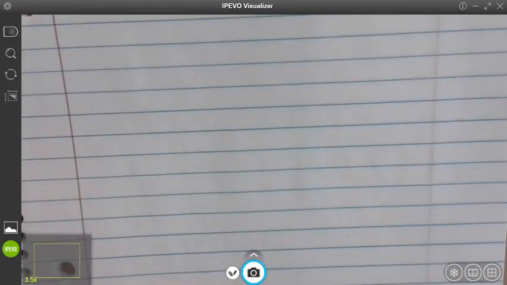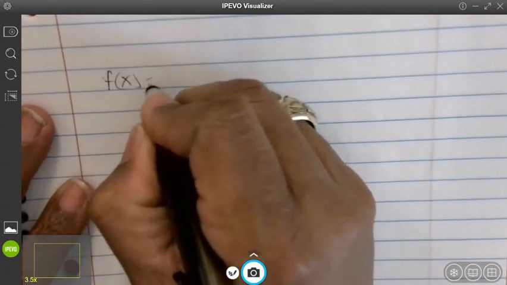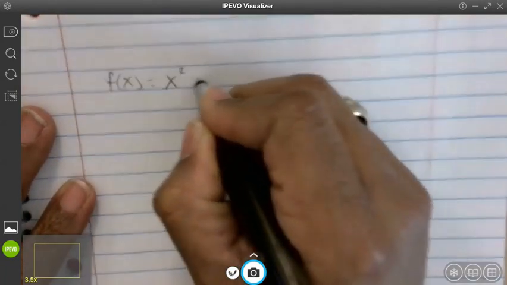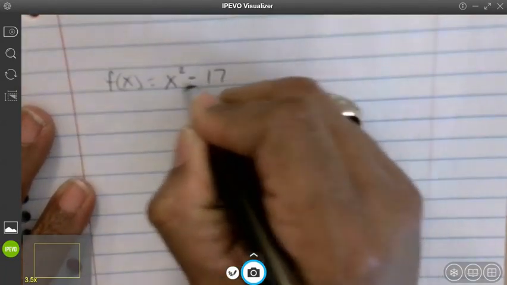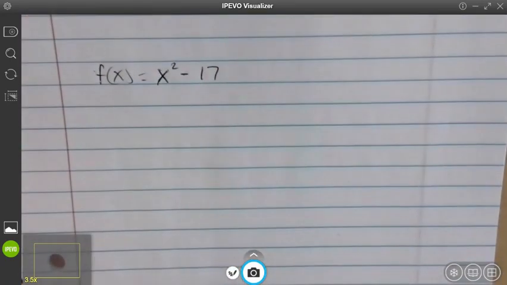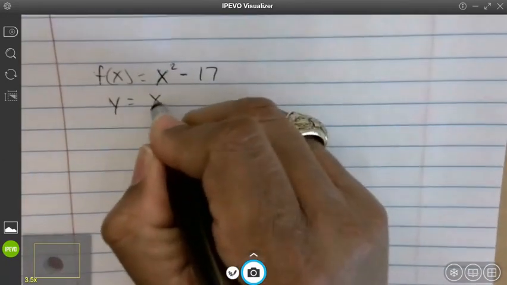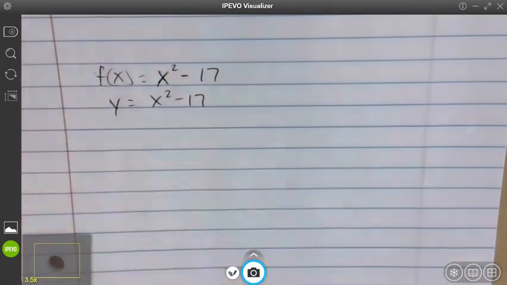I just want to give one more example, so just follow along as I go. Let's say I have f of x equals x squared minus 17. Everything still stays the same. This time we have an x squared in here. So again, y equals x squared minus 17.